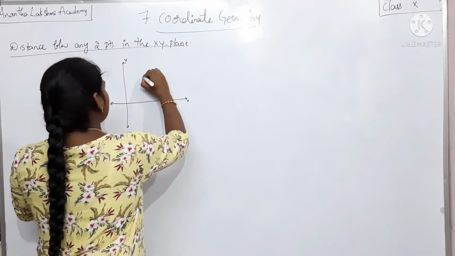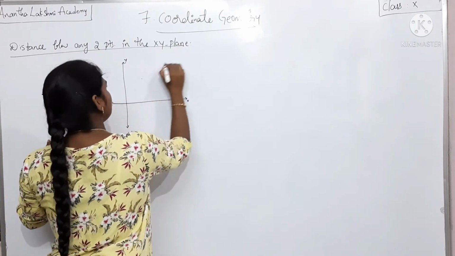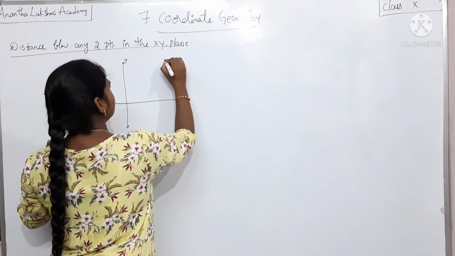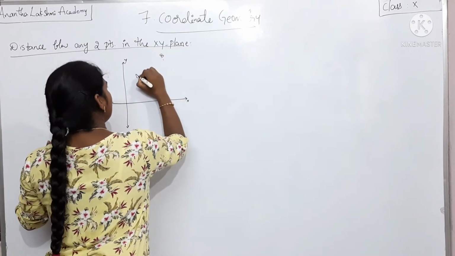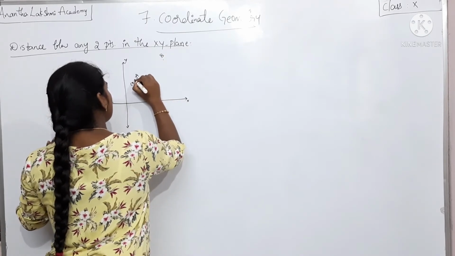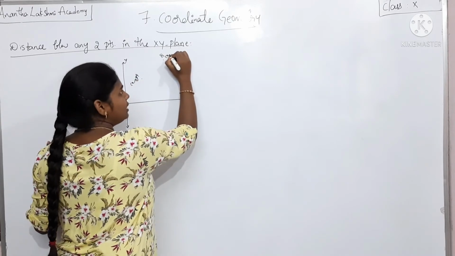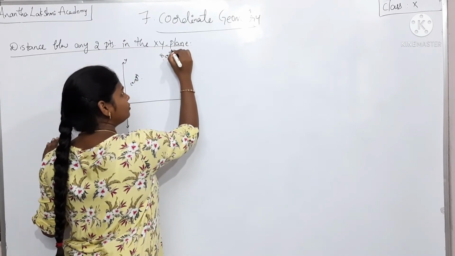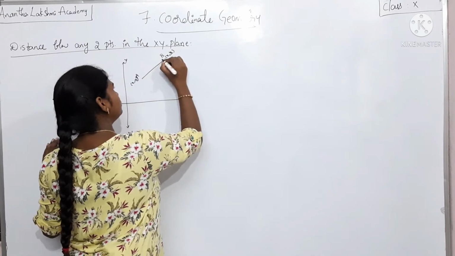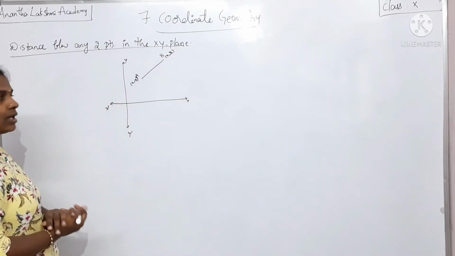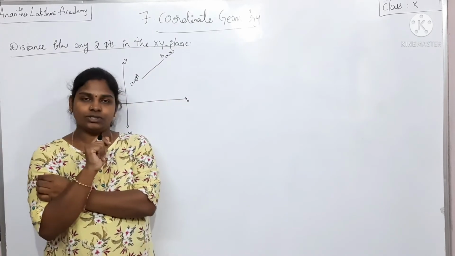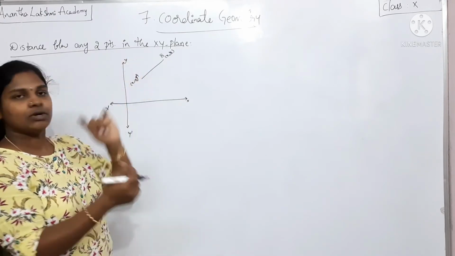Now I have a point here A and a point over here B. A is x1 comma y1, B is x2 comma y2. Alright, this is going to be my line. How do we figure out the distance between these 2 points? That is what we are going to discuss.